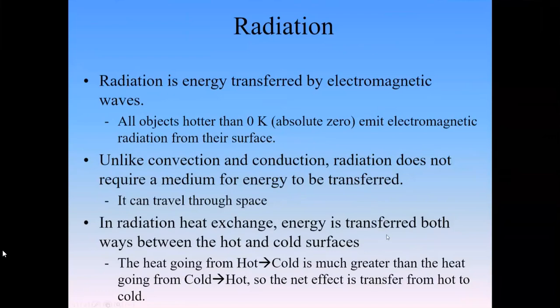So we have kind of a transfer both from hot to cold and cold to hot when we're talking about radiation, but the net heat exchange happens hot to cold. So radiation kind of plays by a little different rules than the conduction and convection, but the net effect is the same when we talk about radiation. Heat's always going to move from the hottest to the coldest surfaces.